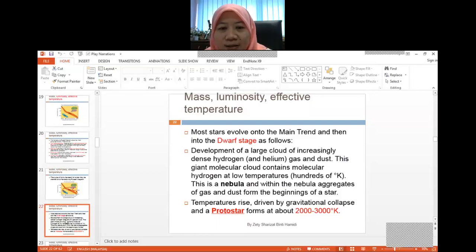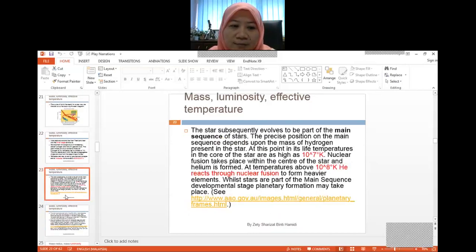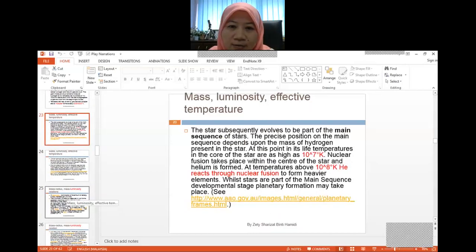The nebula contains gas and dust, and this is the beginning of the stars. Examples are the Orion Nebula, the Crab Nebula, and many others outside there. The temperature will be increasing, in the range of 2000 to 3000 Kelvin.